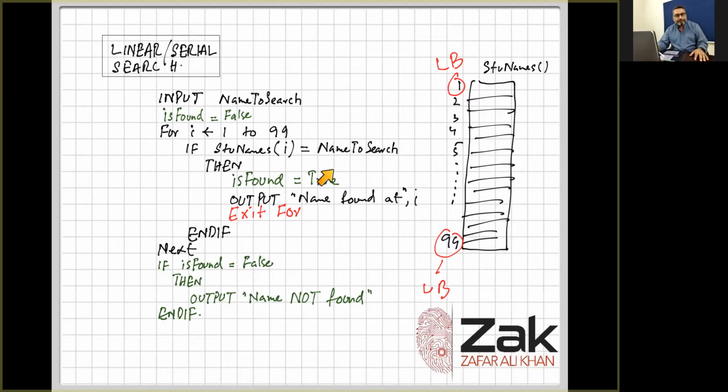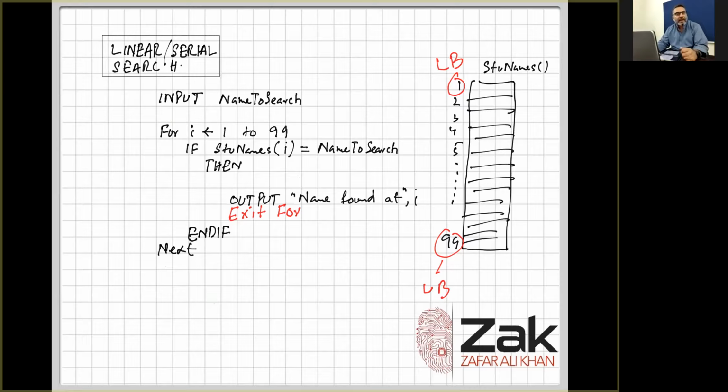So let's say the name that you were looking for was not found. The whole array is read. It is not found. So once the for next finished, system will check if is found is still false, then system will output name was not found. If we don't use this flag, what will happen?